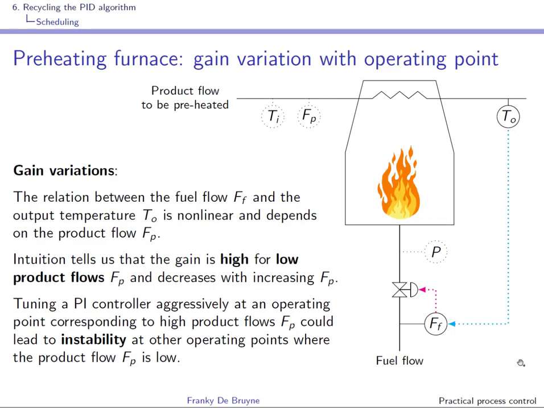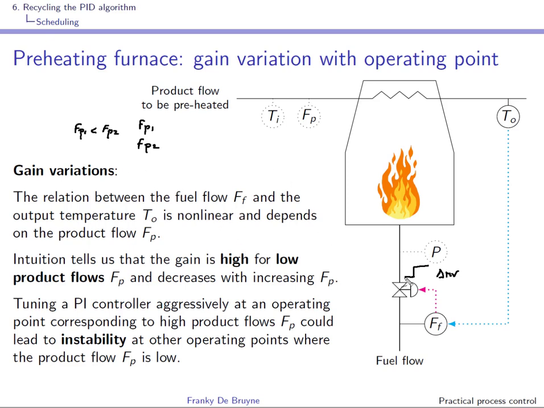Well, let us have a look at our example of the preheating furnace, and we'll see also gain variation around different operating points. So let us assume here that in open loop we perform a step change of delta MV over here, right? And we'll consider two product flows, FP1 and FP2, and we'll say that FP1 is smaller than FP2, right?